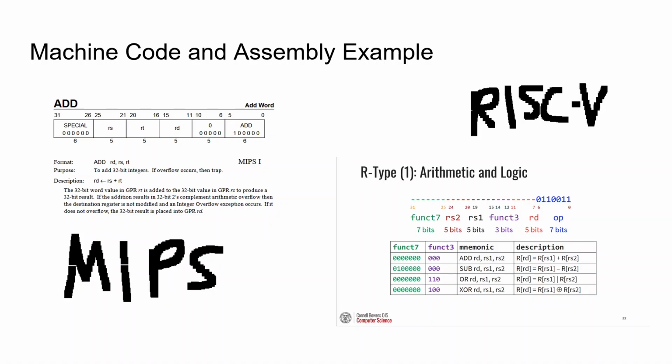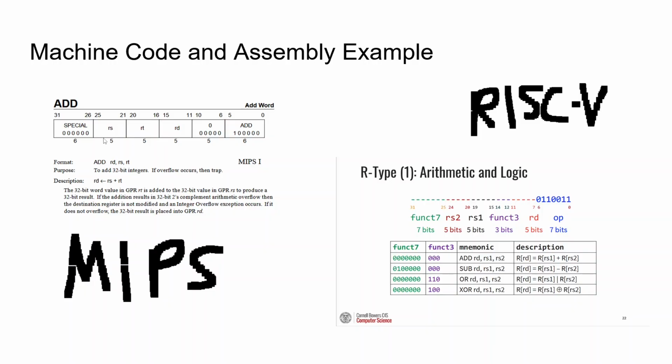So here's an example of both the machine code and the assembly. We've got two architectures: MIPS on one side, RISC-V on the other. This is for an add instruction. Right here is the opcode, the operation code, which is what instruction it exactly is. This one is specifically for add. There's a special field here. I don't quite remember what it was. I'm not exactly the biggest MIPS fan.